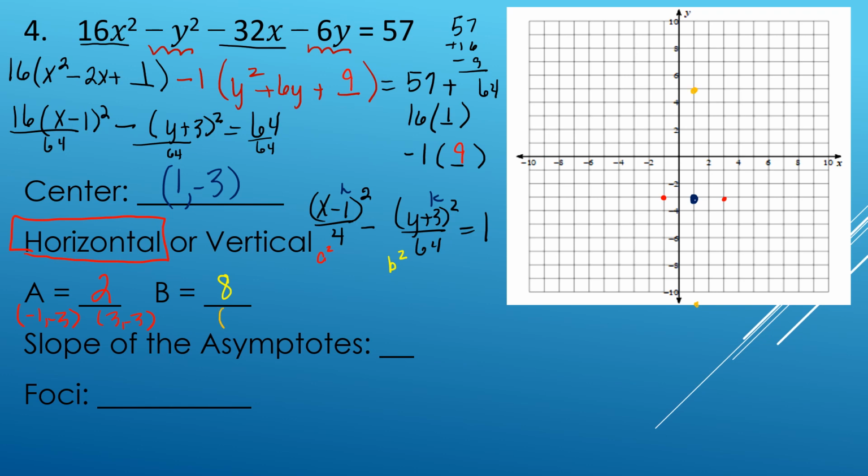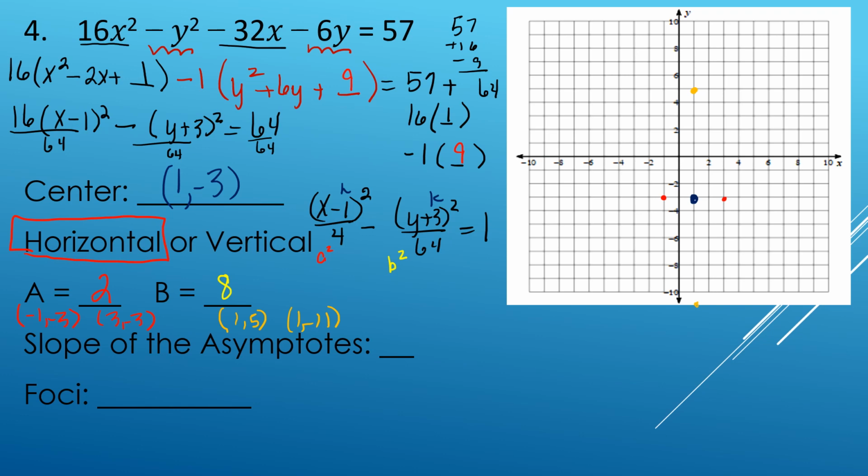So my covertices actually land at, let's see, (1, 7) is up top, and (1, -11) is at the bottom. Excuse me, it's actually, the covertice is at (1, 5). Excuse me, I added wrong. (1, 5). There we go. (1, 5) and (1, -11).